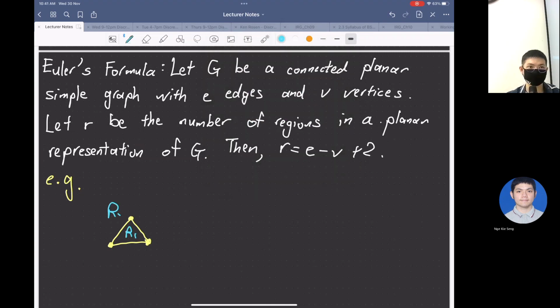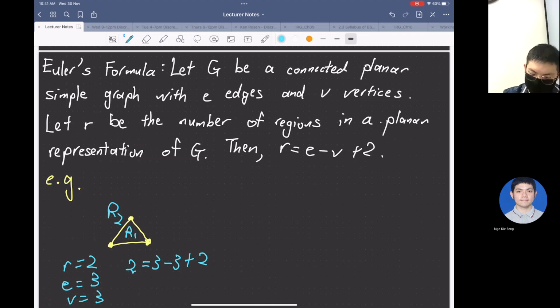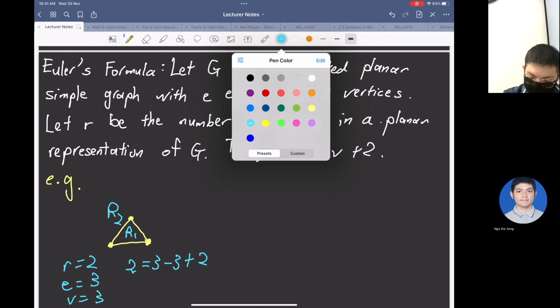R1 and the outside region. So R is equal to 2, E is equal to 3, V is equal to 3. So 2 equals 3 minus 3 plus 2. Okay, good. Maybe you think this is simple, right?